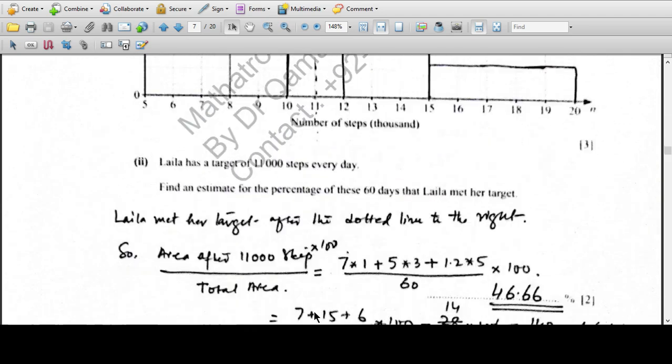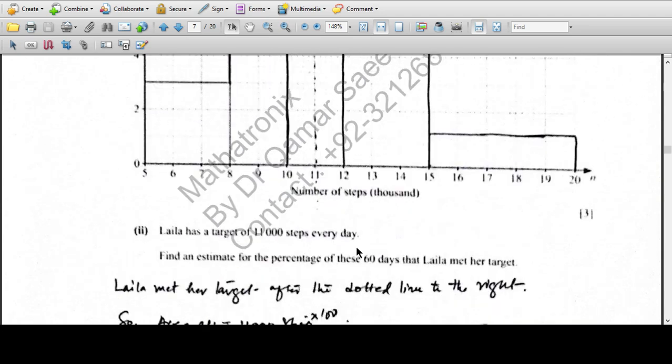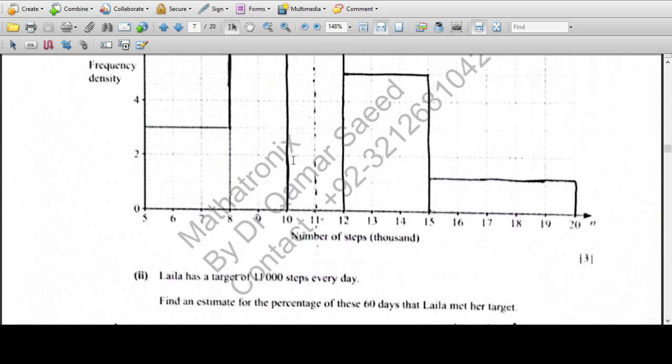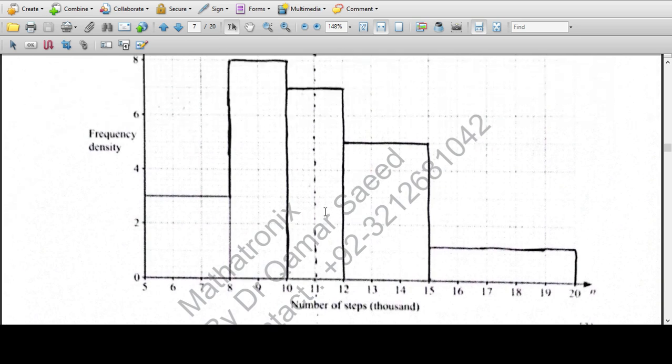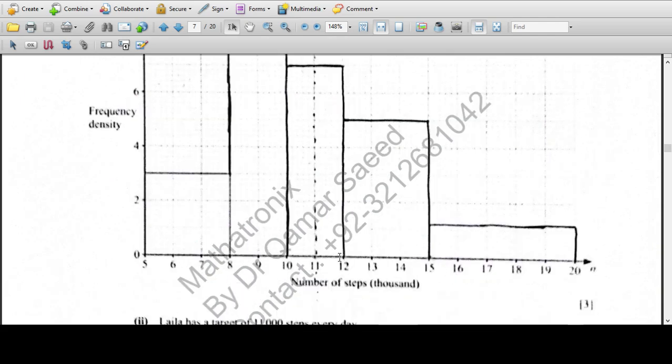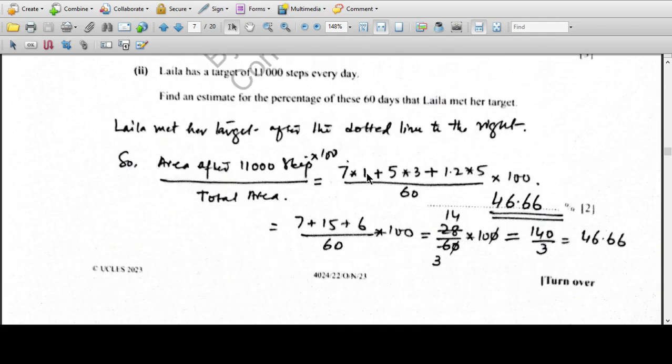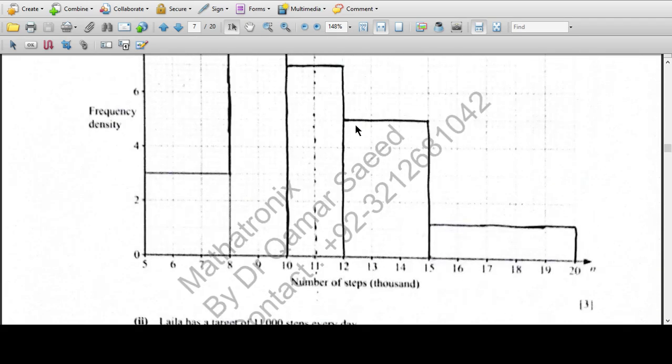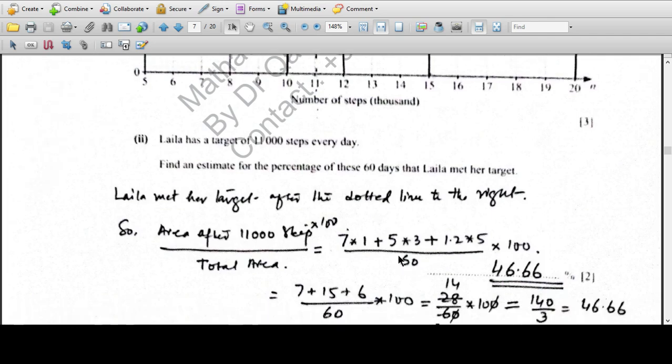For the numerator we take these areas. For 11 to 12 it is 1 into 7. For the next, this is 5 into 3, 15 minus 12, which is 3, so 3 into 5.